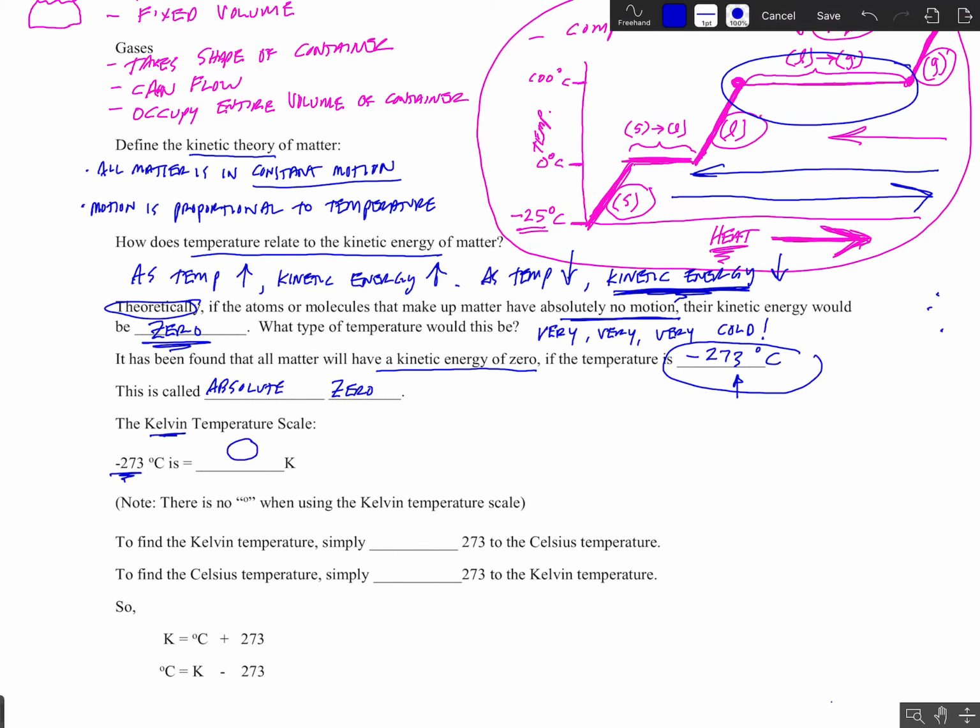And that's what they did. Negative 273 degrees Celsius is the same as 0 Kelvin. It's the coldest possible temperature, so why not just call it 0? Now, just by the way, we don't use a degree sign when we use the Kelvin temperature scale. We would just say 0 Kelvin.